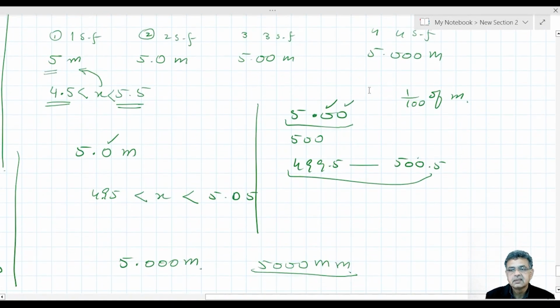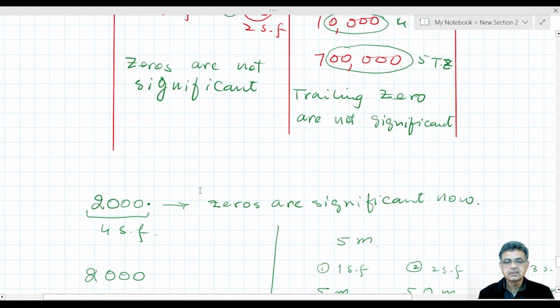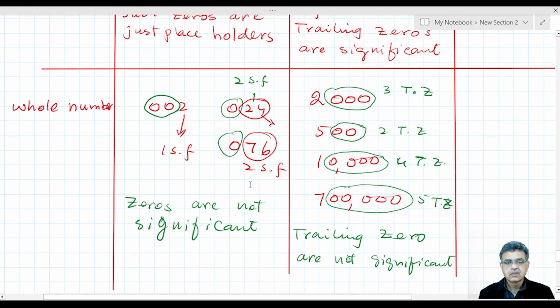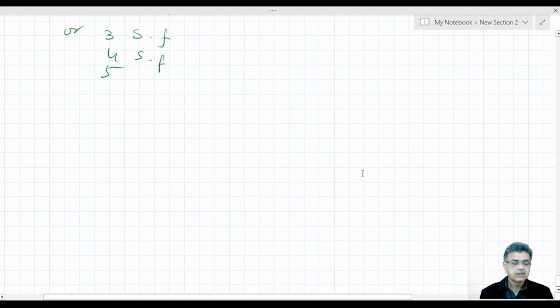That is the reason these are very important to consider, that is why we put these zeros after the decimal. Whereas these zeros in whole numbers do not change their values, so these are not significant. That is the reason.